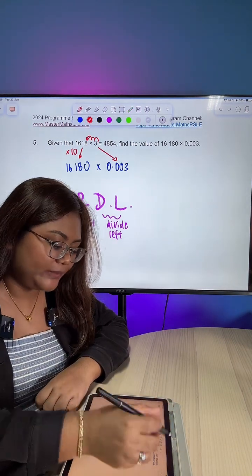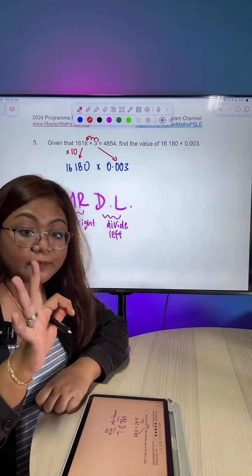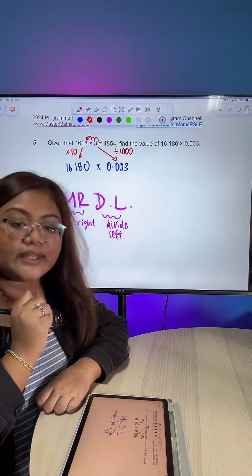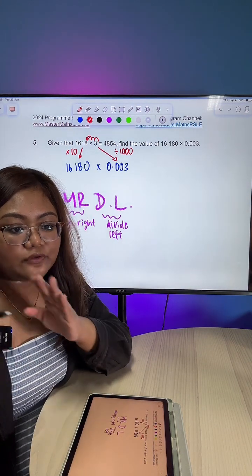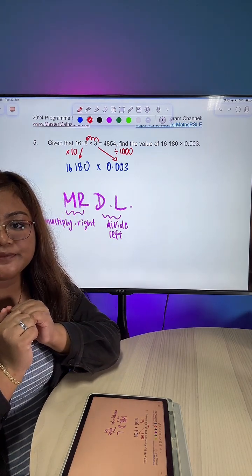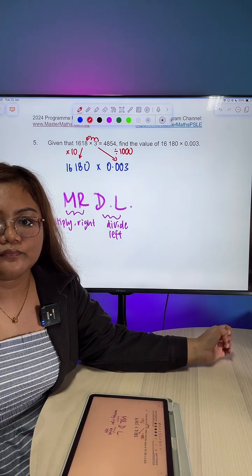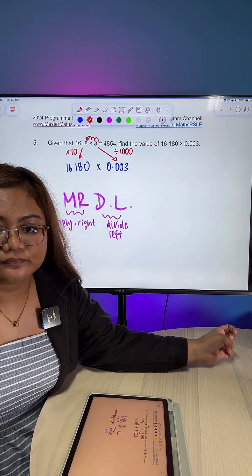So, move 3 places to the left means I am dividing. 3 places means I am dividing by 1,000. Can understand? From 3 to 0.003, I am dividing by 1,000. Got it? Clear?